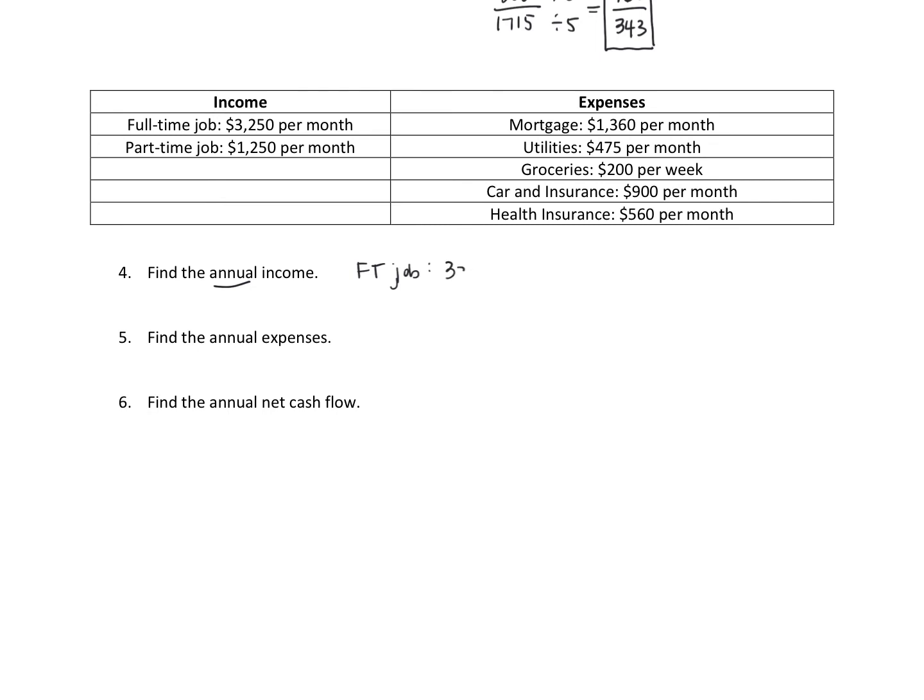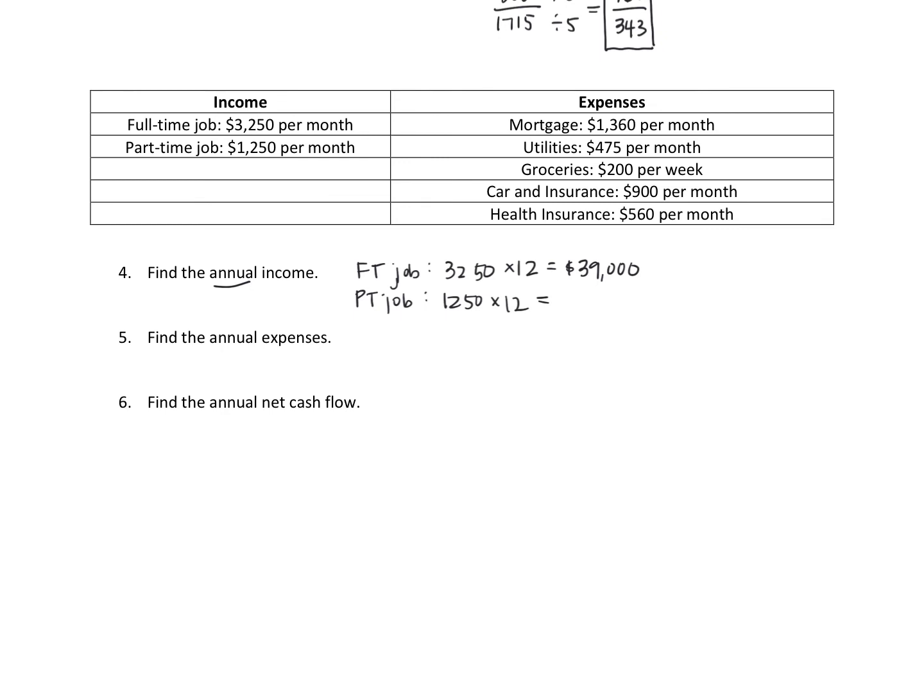So from the full-time job, we get $32.50 per month, and there are 12 months in a year. So $32.50 times 12 will give us $39,000. And then for the part-time job, we get $12.50 a month times 12 months a year.